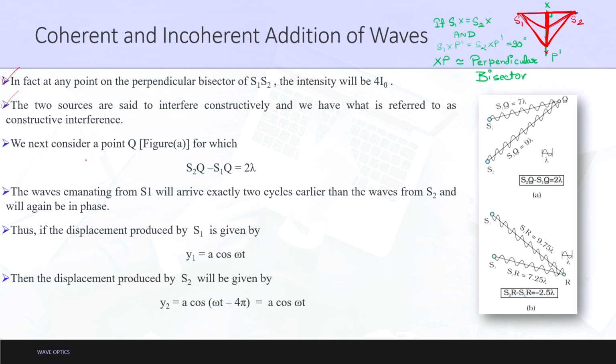Now let us consider a point Q. This is that point Q being talked about here in the figure. For it, S2Q minus S1Q is equal to 2 lambda.